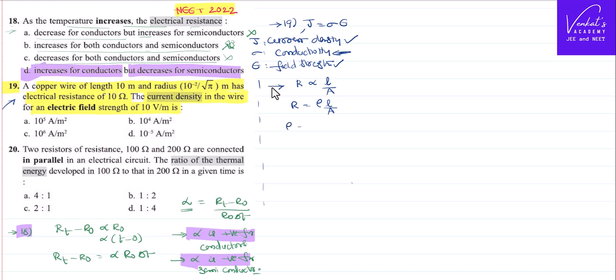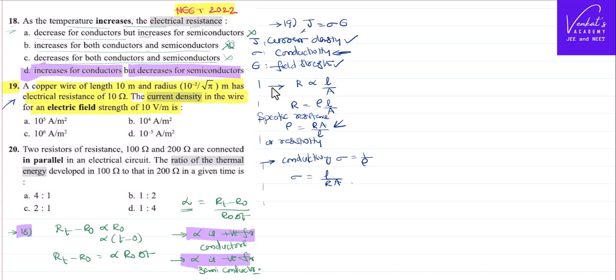So rho equals RA by L. Now we get our term called conductivity. Conductivity is simply the reciprocal of resistivity. That means conductivity is the reverse of this, L by RA.